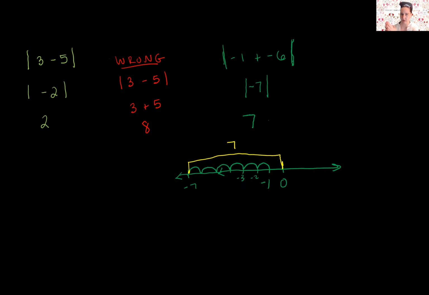And subtraction means you're going to the left. But negatives also mean doing the opposite. So if you're subtracting a negative, if you have two negatives in a row, they cancel each other out and you're going to the right. So that's how you can visualize it on a number line. Generally negatives go to the left unless there's two of them in a row, and then they go to the right because they kind of flip-flop.